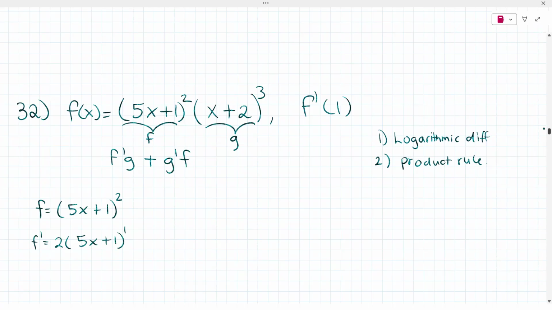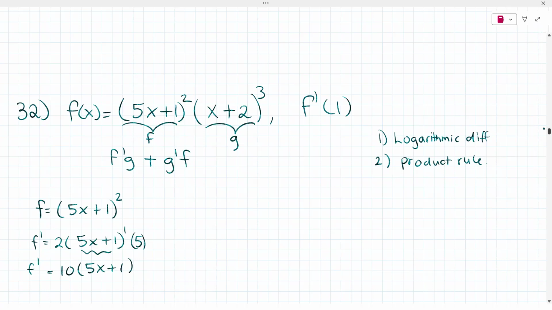And then we're not done, we've got to use the chain rule. You take the derivative of the inner parentheses, so the derivative of 5x is 5. The inner derivative of 1 is 0. So you put that together, 5 times 2 is 10. Then you get 5x plus 1.